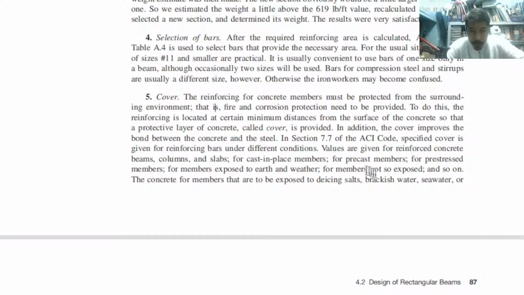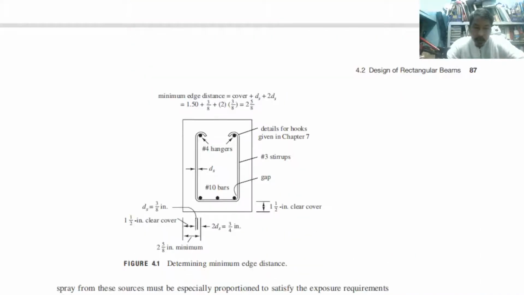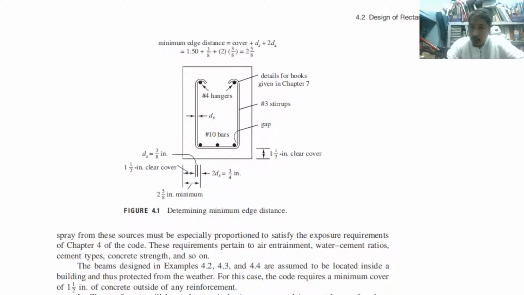The specified cover is given for reinforcing bars under different conditions: for beams, columns, and slabs, for cast-in-place members, for precast or pre-stressed members, and for members exposed to earth, weather, or not so exposed. We have different values, sometimes already tabulated.